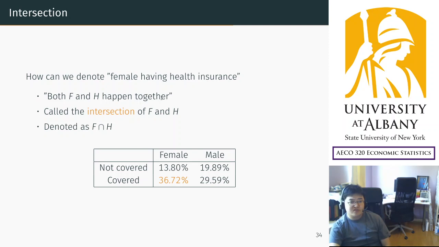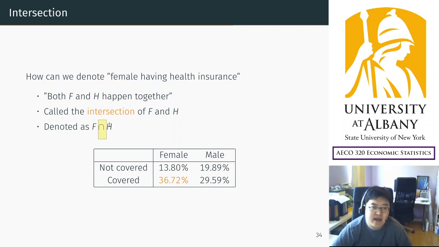Such an event is called the intersection of F and H. It is denoted as an inverse U. The inverse U sign is called cap. So we say this is F cap H, and that is how we usually read it.